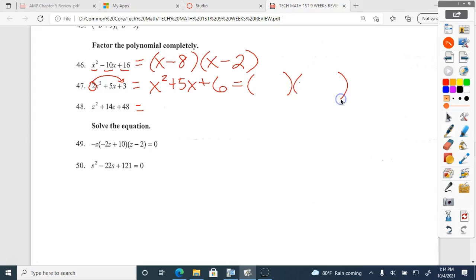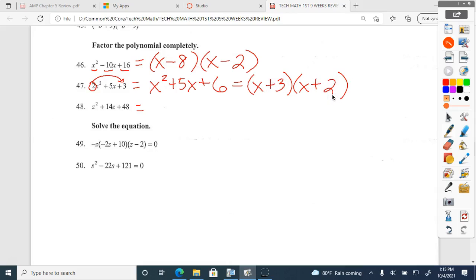What two numbers multiply to be 6 and add up to 5? 6 and negative 1 multiplies to be negative 6. What else multiplies to be 6? 3 and 2. 3 times 2 is 6. What's 3 plus 2? 5.